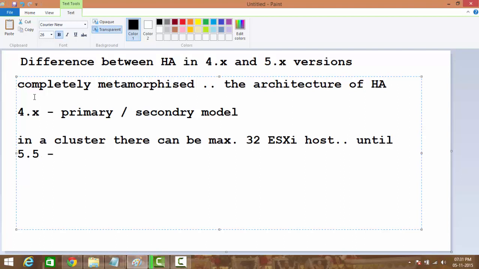In vSphere 6 they changed it to 64 hosts per cluster, right?